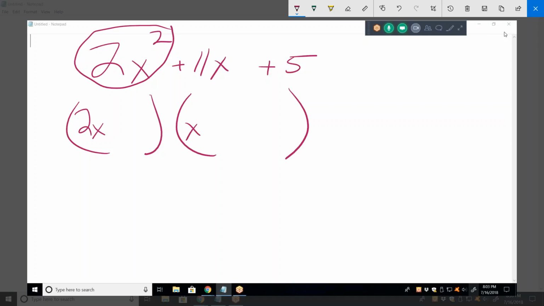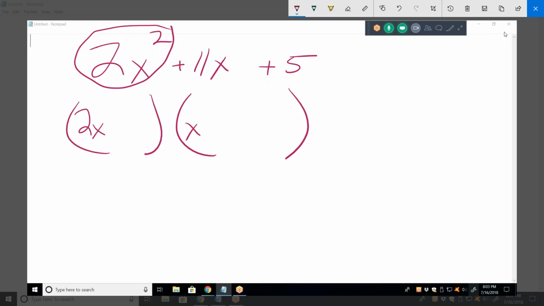In other words, the only thing that has to be true is these two terms have to multiply to be 2x squared. And they do. Notice that there's a 1 as the exponent. So it's 2 times x to the first times x to the first. That becomes 2x to the second. Okay? So the first step, just as easy as first level quadratics.